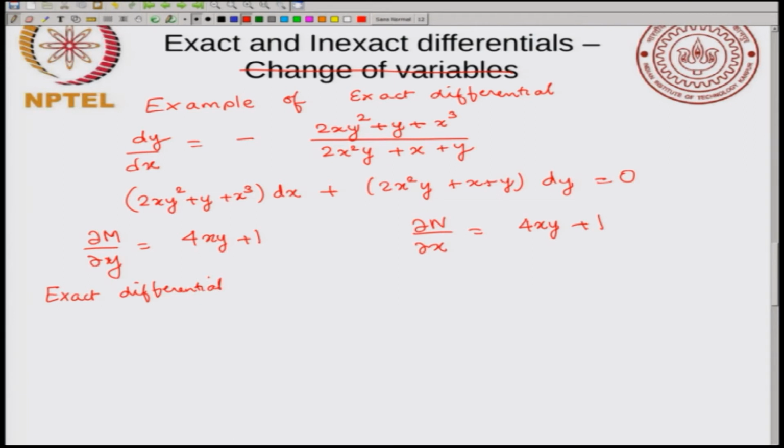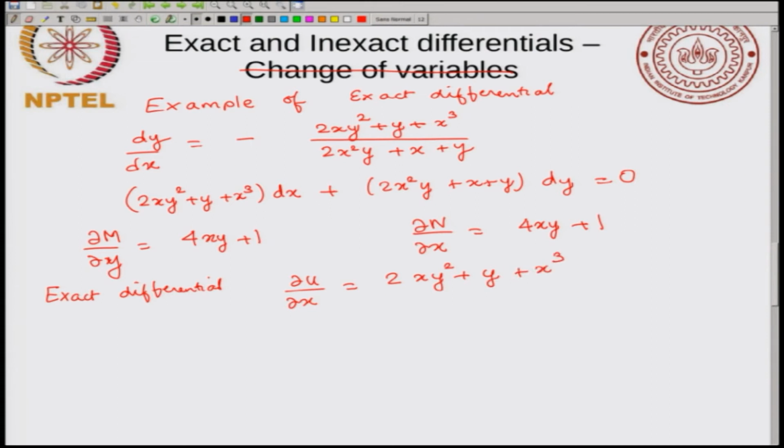Okay. Now, how do you solve this exact differential equation? So, you know that this quantity is nothing but ∂u/∂x. Okay. So, you say that ∂u/∂x is equal to 2xy² plus y plus x³. You can use either of them.